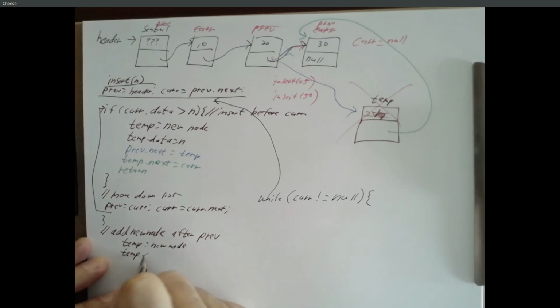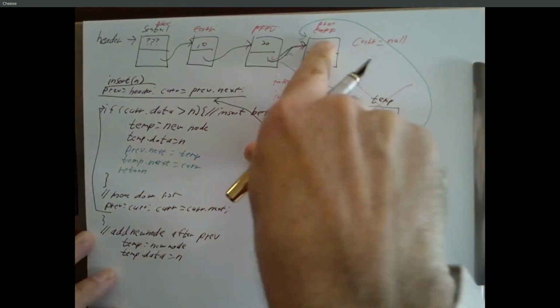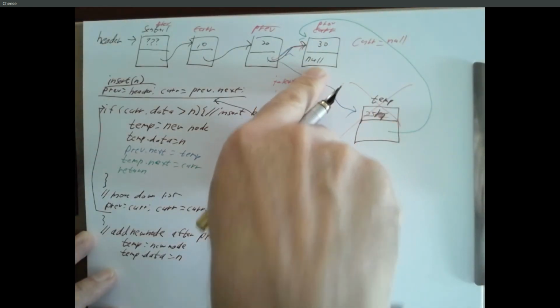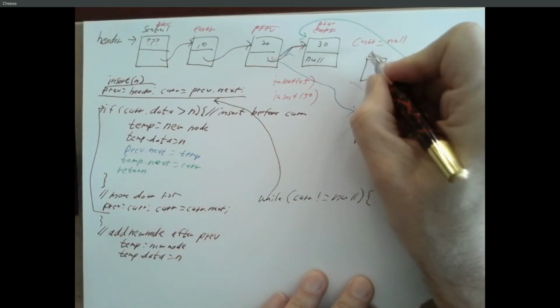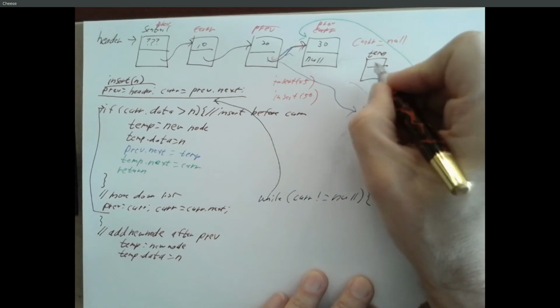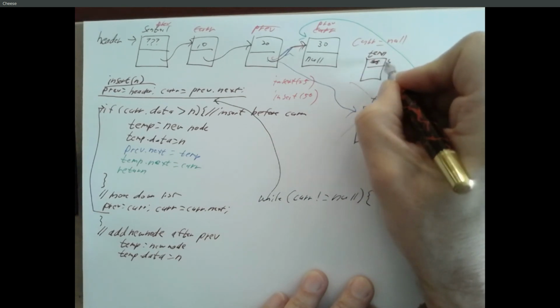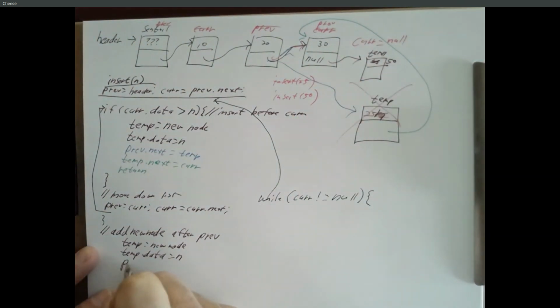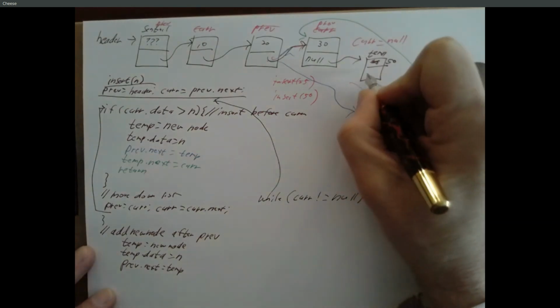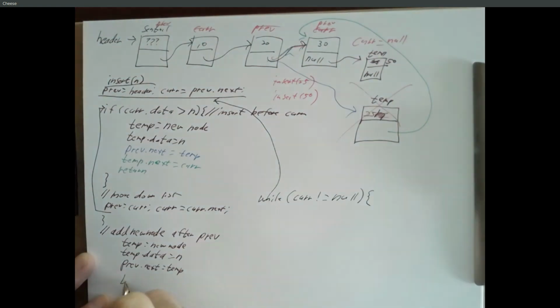Temp.data equals n. Previous next should point to our new node. So let me make our temp node. We store a 50 there. So previous next should point to temp, and temp next should be null.